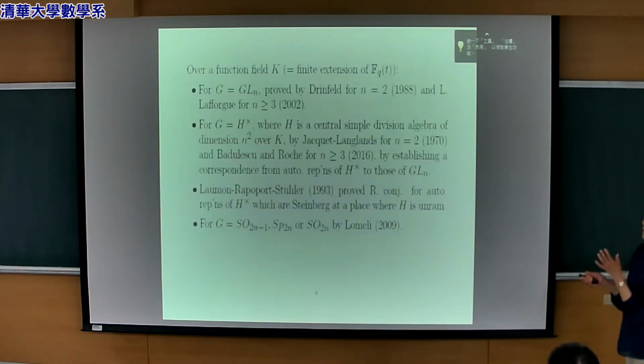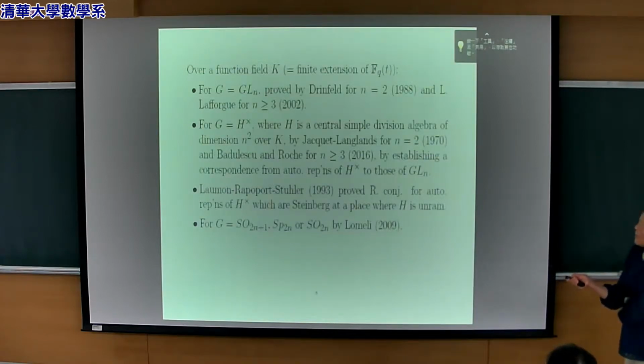In this case, this is using the second method, functoriality, because the second group is GL_n, and we know that the Ramanujan conjecture holds for GL_n, and then we establish a correspondence between the representations of the two groups. This is called the Jacquet-Langlands correspondence. n equal to 2 was done by Jacquet and Langlands, and in general was done by Badulescu and Roche, and this was done in 2016. It was very recent.